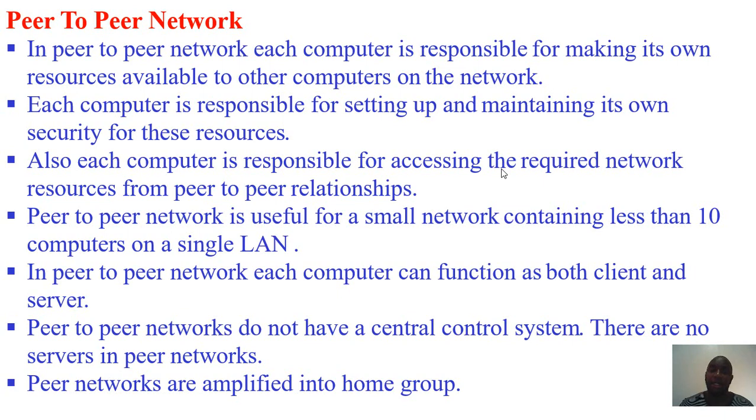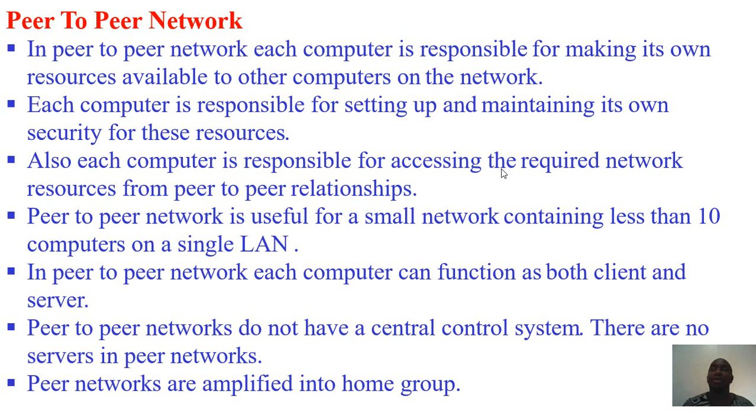In a peer-to-peer network, each computer can function as both the client and the server. So when you request a resource from another computer, you become the client. But when another computer is requesting your resource, you automatically become a server. So don't be confused.